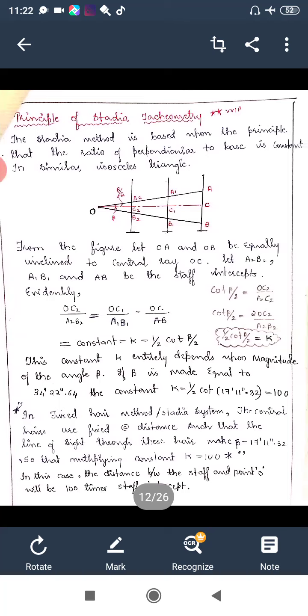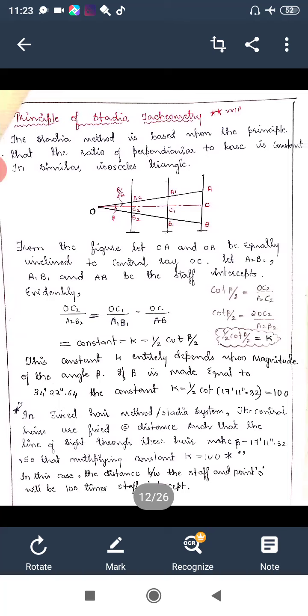And if it also has an anallactic lens, then we call it an anallactic tachometer. The importance of the anallactic lens is that K becomes 100 and C becomes 0.